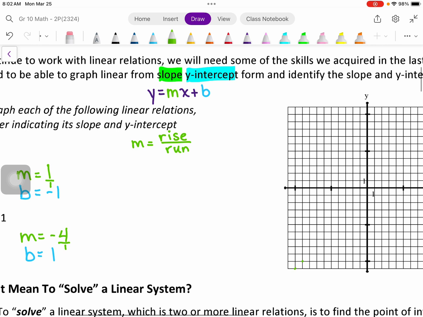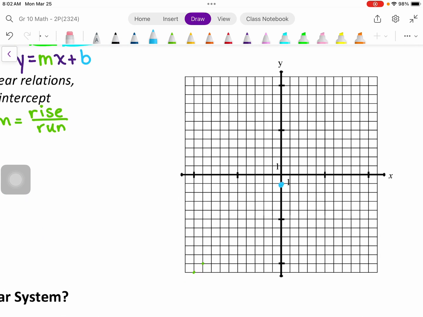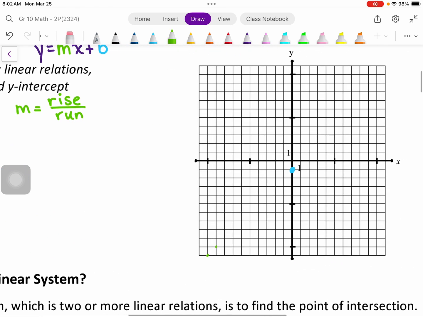So let's quickly graph these. We have for the first one a y-intercept of negative 1, so I'm going to go down the y-axis until I find negative 1, and then I'll use my slope, which is up 1 to the right 1. And that pattern continues. So our slope is our rate of change. That's something that continues on and on and on.